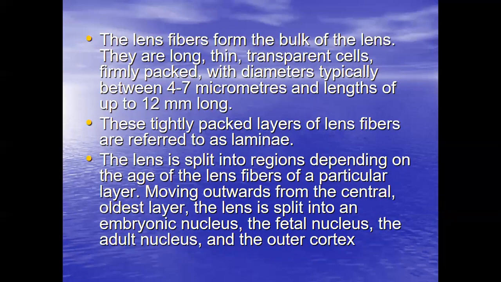Okay. Now I told you that the lens cells, these cuboidal simple single-layered cells that are present just beneath the capsule, convert themselves into lens fibers in the equatorial zone.